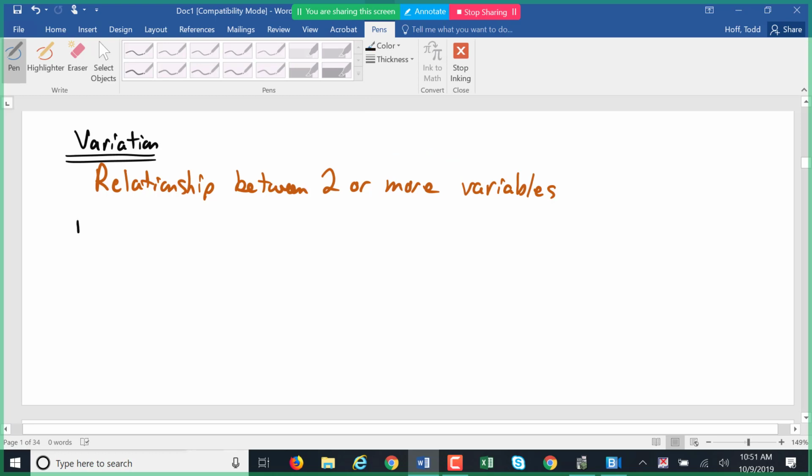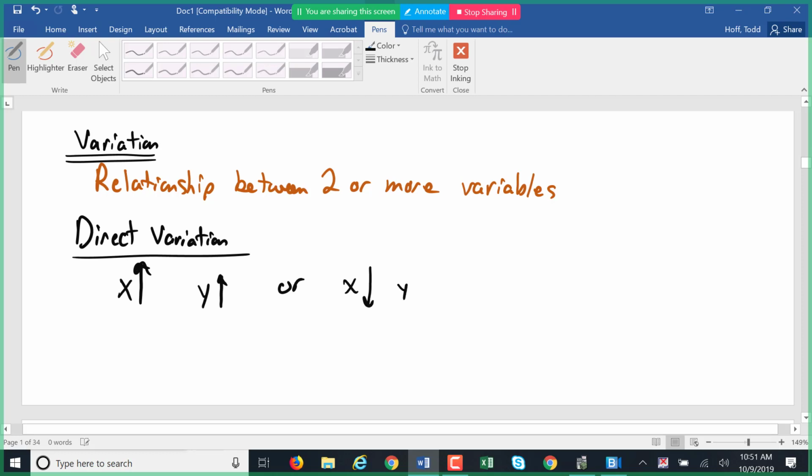There are two types of variation. Direct variation is the one we'll talk about first. In direct variation, let's just say we've got values x and y. If the value of x gets larger, the value of y has to get larger in a proportional amount. Or similarly, if x gets smaller, y also gets smaller in a proportional amount.